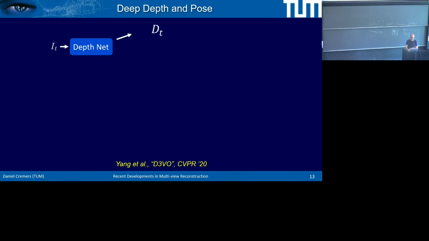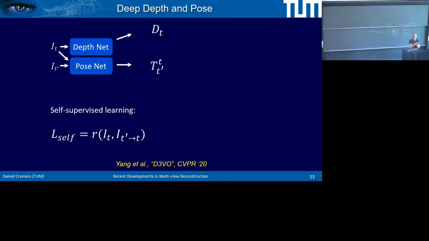More specifically, we predict the depths, we predict the relative camera motion, so T stands for translation and rotation of the camera between the two frames. And once we can do the camera alignment based on this rigid body motion, we can warp the two images and align the brightness values, and then we can have a residual for training this system that is self-supervised.